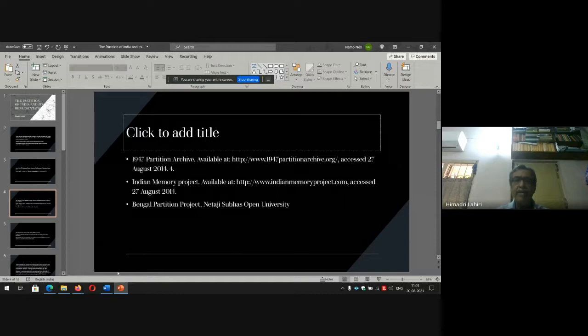Everything has been collected, and you will find different kinds of images in these books, in these archives. These are new archives, these are not state archives. You will find in my institution, Netaji Subhash Open University, there is also a new archive, the Bengal Partition Archive.